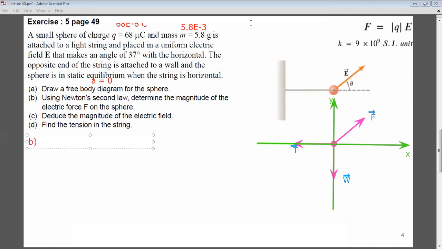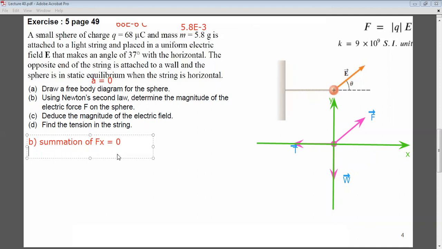If I use the summation of Fx, either summation of Fx is equal to 0, in this case it's 0 because acceleration is 0, or summation of Fy is equal to 0. Let's start with summation of Fx. So on the x-axis I have the tension, but do I have the magnitude of the tension? No, it's actually asked in part 3, they're asking me to get the tension. So I cannot use summation of Fx equal to 0.